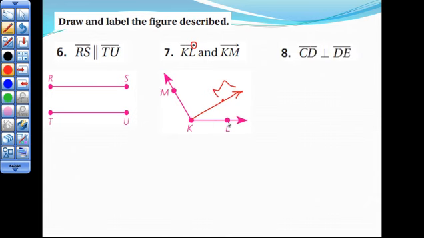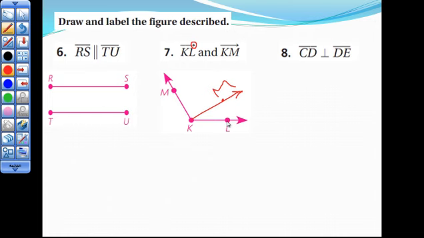Question number 8. CD perpendicular to DE. A line segment CD perpendicular to line segment DE. Draw the point C, then the point D, then join them.